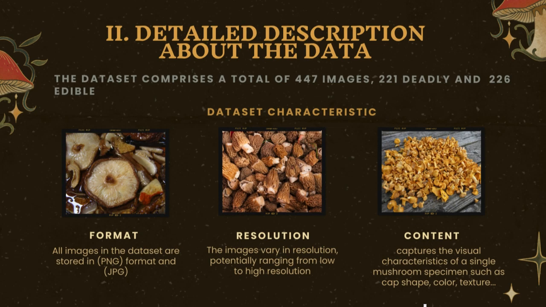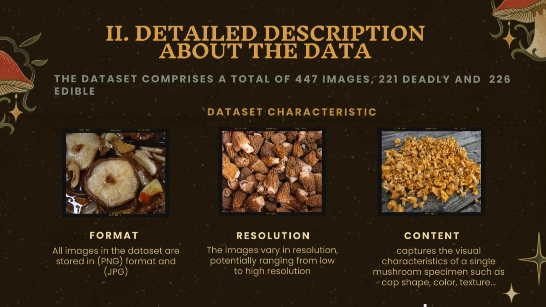Despite the challenge posed by natural variation, which is the variation of the species and the differences in image quality, this dataset is good to serve the project as a valuable resource for us to train our neural network model. By learning from these images, we aim to develop a reliable tool to let humans distinguish between edible and poisonous mushrooms.